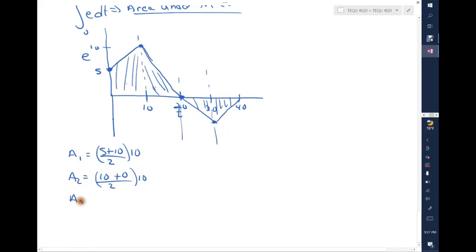Area 3 will be this area now, from 0 plus minus 5 divided by 2 multiplied by 10. And the last area, area 4, goes from minus 5 plus 0 divided by 2 multiplied by 10. 10 is the distance.